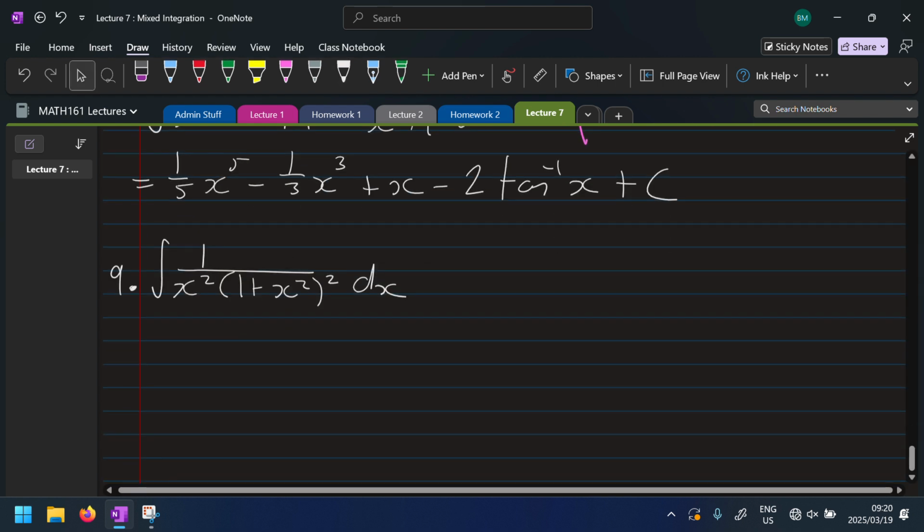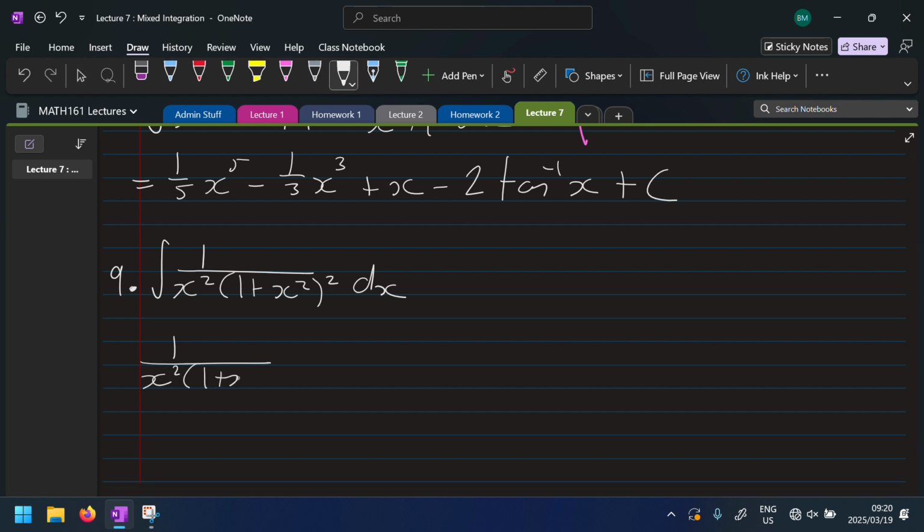Okay, so let's do the decomposition. We have 1 over x squared, 1 plus x squared squared. The x squared is repeated twice, so we're going to have a over x, b over x squared. So that bit's done.